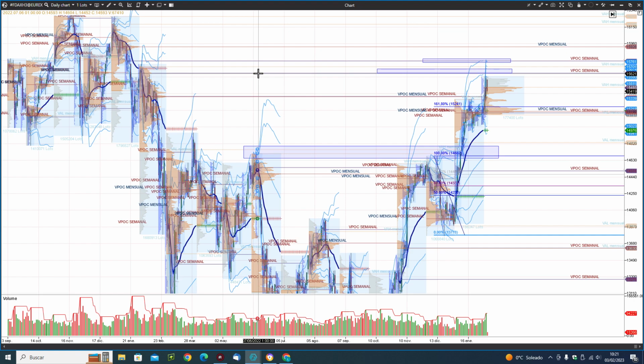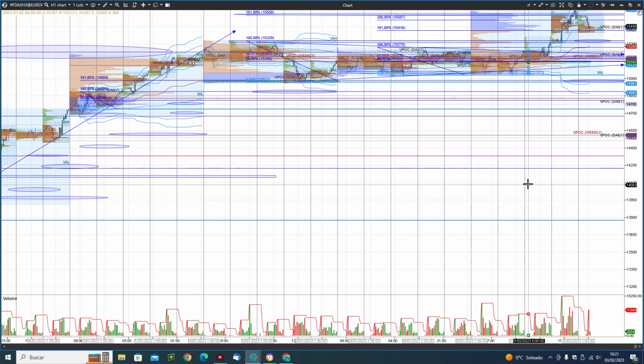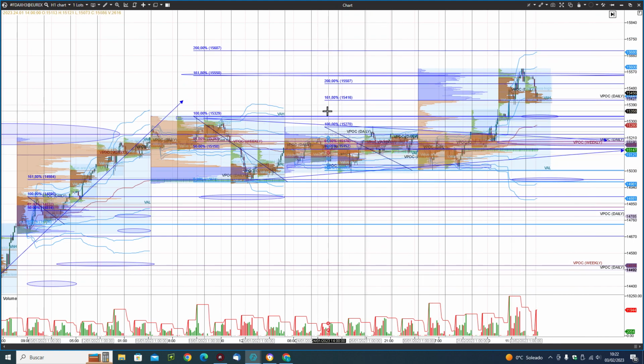These are the great high targets: 15,621, 15,755. If we go again to these graphics, we can see we touch this projection of the pullback perfectly. Okay, we got the target.